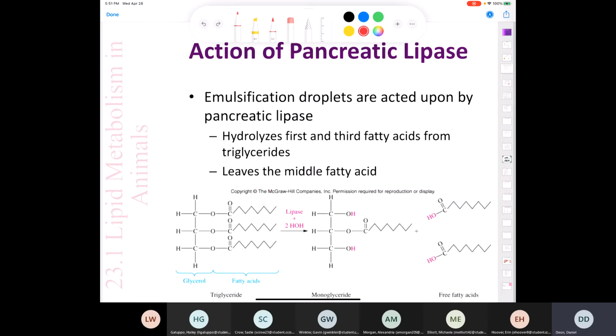But the pancreatic lipase, like I said, only breaks 2 of the ester bonds, and you're left over with a monoglyceride, which is a new molecule. We've never looked at a monoglyceride until just now. And then you end up with the free fatty acids. All right, let's move on from there.